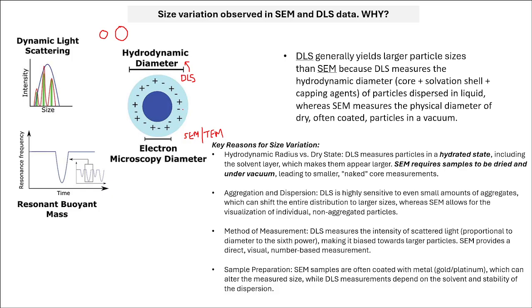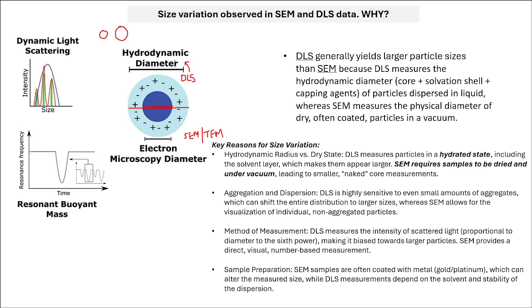As we have already discussed, whenever you put a nanoparticle in an aqueous medium, there will be formation of this electrical double layer. That is why this is the hydrodynamic diameter, but this one is the electron microscopy diameter.